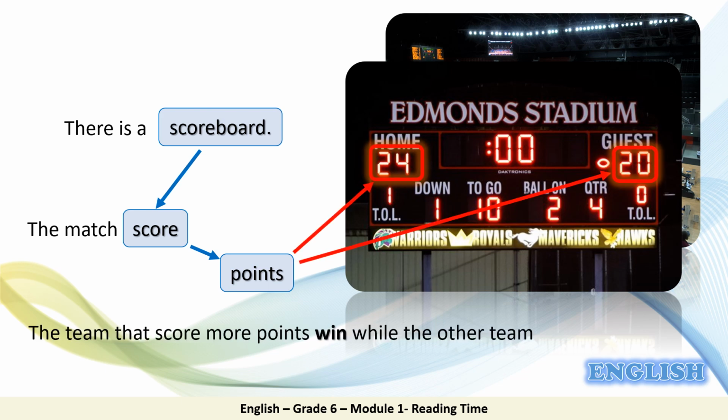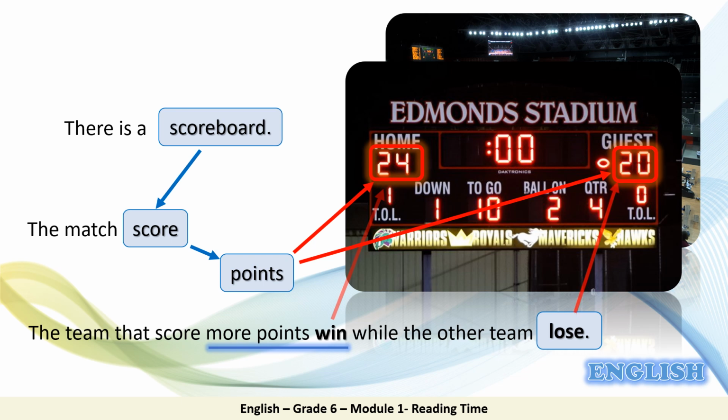So the team that scores more points wins, while the other team loses. In this example and on this board that we have, the team that has scored 24 points wins, while the other team that has scored only 20 points loses.